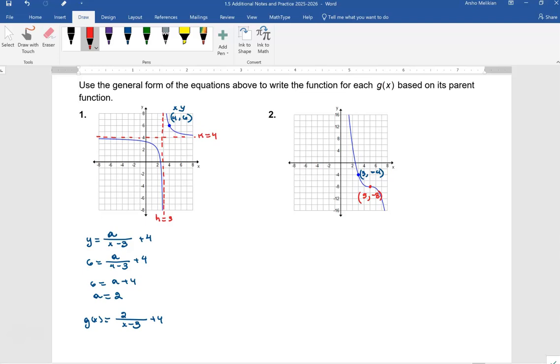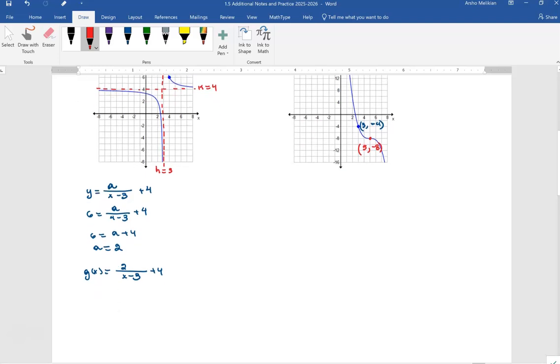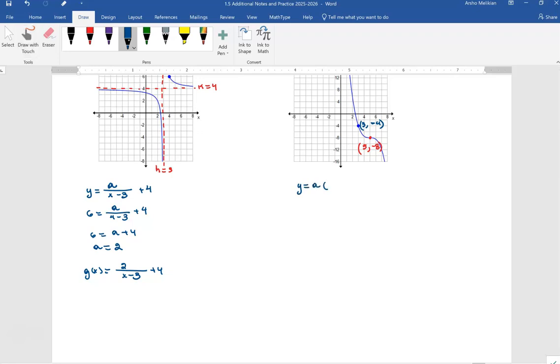I'll race you to it. How about that? Go. All right, let's do it. So we're going to do y equals a times x minus h cubed plus k.